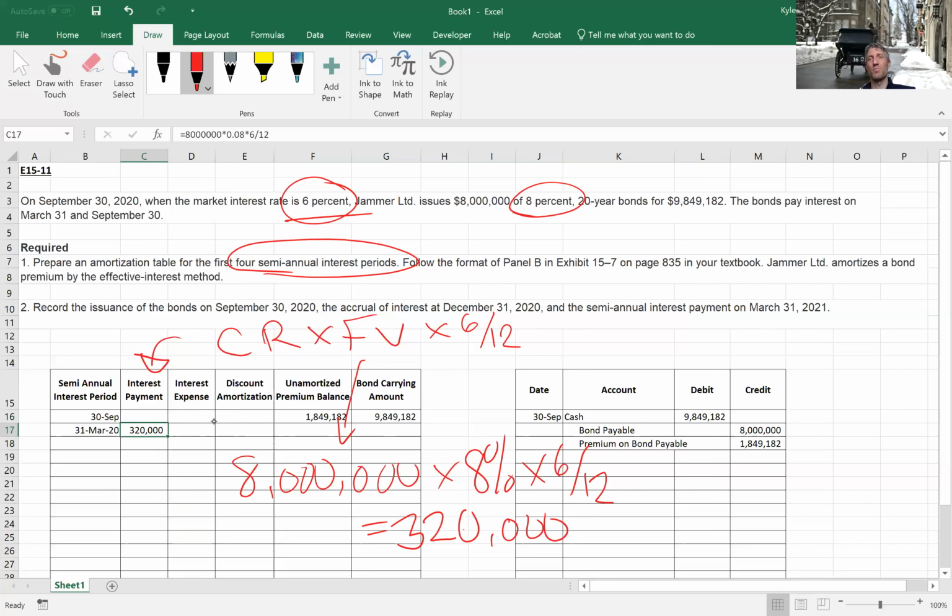So that's the cash that will be received by the bondholder as of that day.